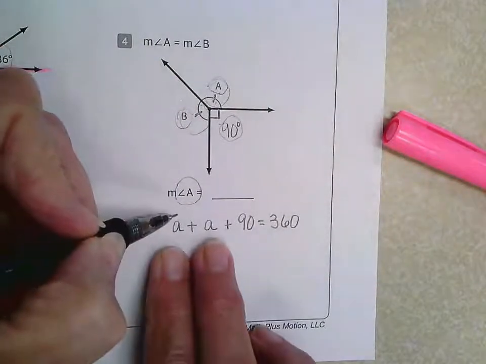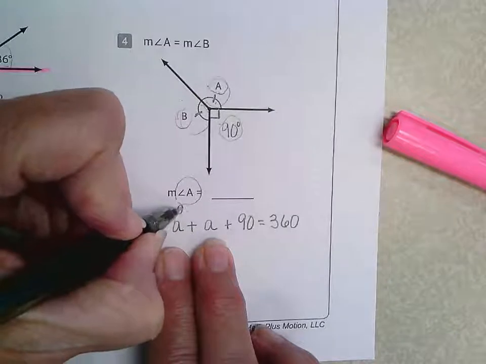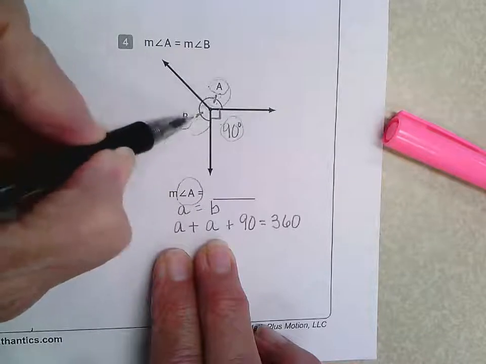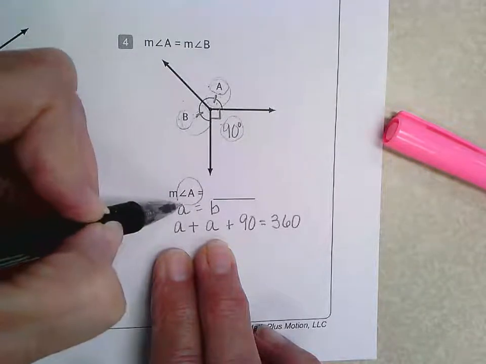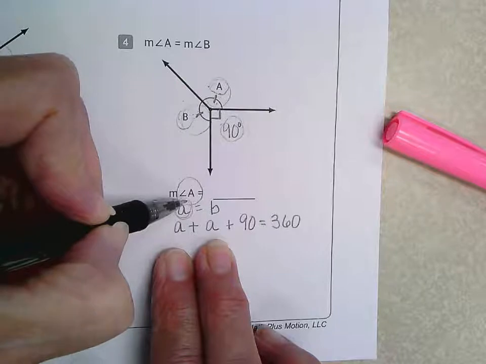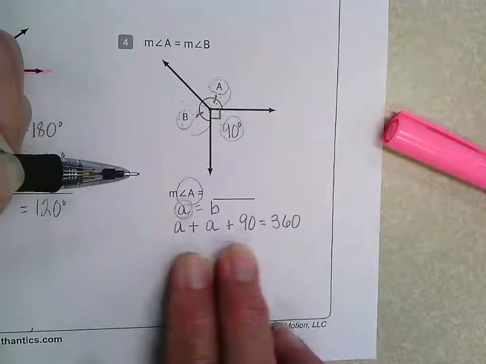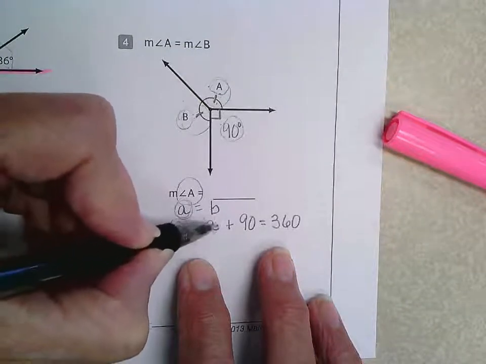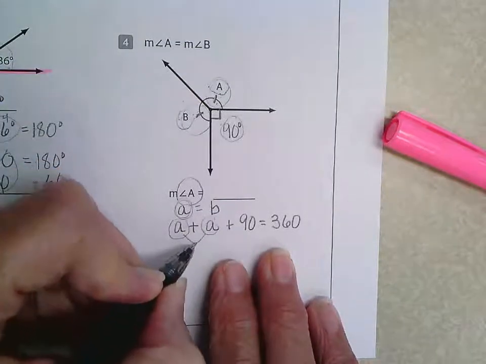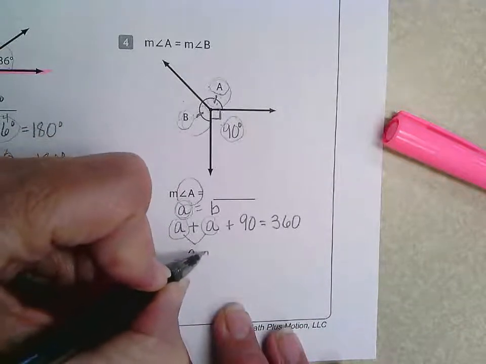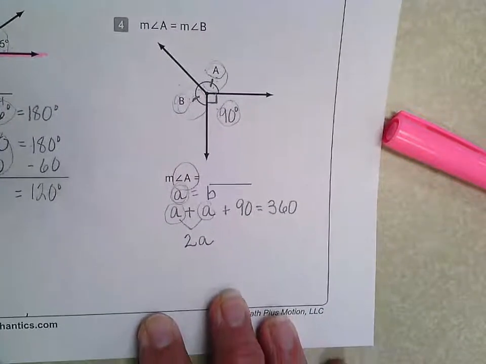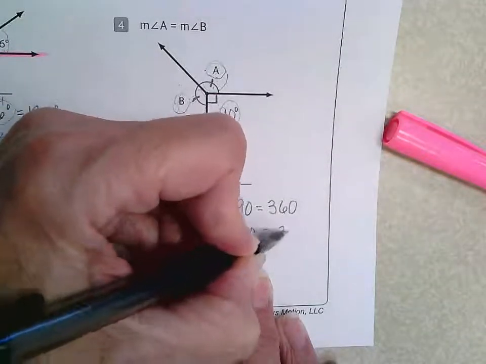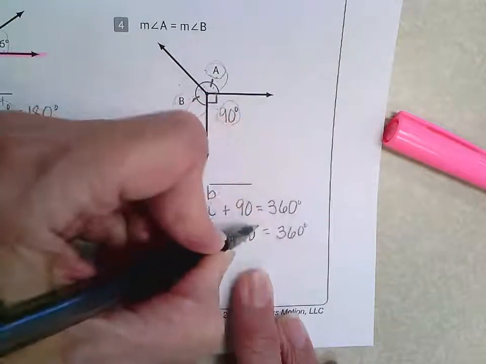I can do this because A is equal to B, and the way I know that is because of these marks. So I'm just substituting A in for B. Now I'm going to combine these two together, and I'm going to say these are 2A plus 90 equals 360. These are degrees.